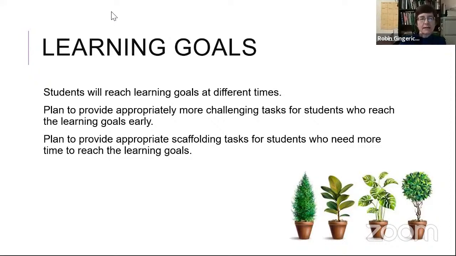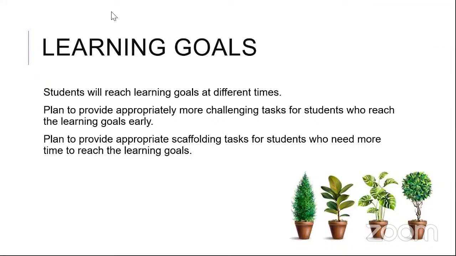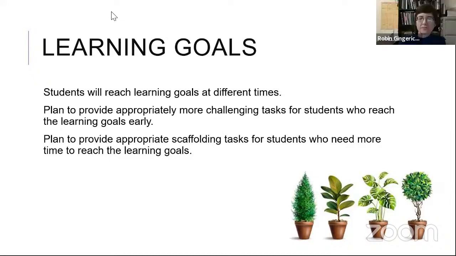Again, this idea that teachers could plan ahead to appropriately give more challenging tasks to students who reach the learning goals early. So like we said at the beginning, setting goals for our classes is very important and very hard, but it's important. So we have our learning goals, and some students will reach those goals very quickly.